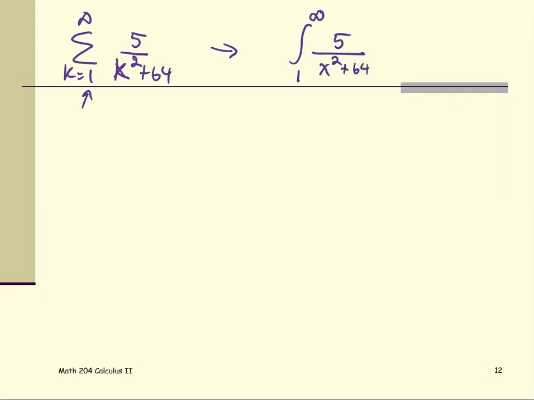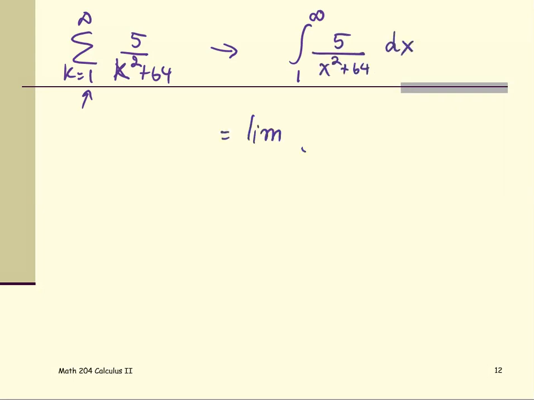And then from the summation 5/(k²+64), k starting from 1 to infinity, transform into the improper integral, starting at the same number, lower limit 1 to infinity of the integrand 5/(x²+64) with respect to x.